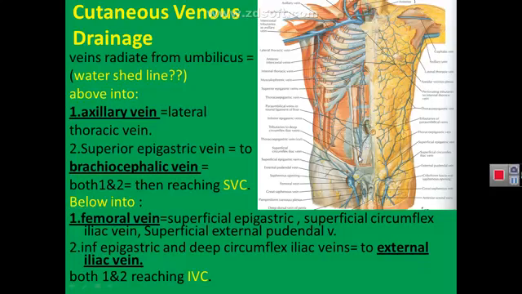The veins that are below the umbilicus include veins which are tributaries of the femoral vein, having the same names as the arteries from the femoral artery, which are superficial epigastric, superficial circumflex iliac, and superficial external pudendal, and also include the tributaries of the external iliac vein, which are inferior epigastric vein and deep circumflex iliac vein. And so these are the veins forming the watershed line around the umbilicus.